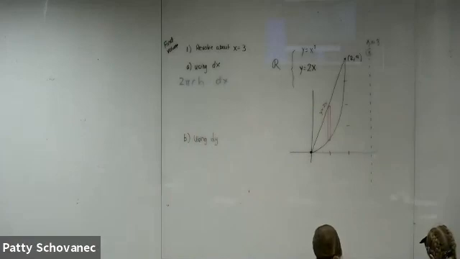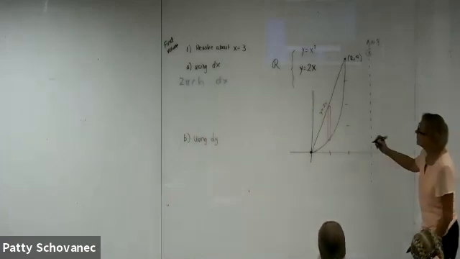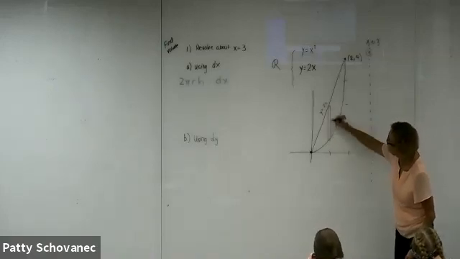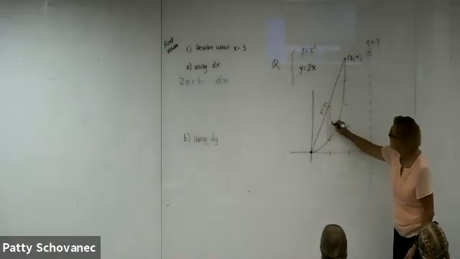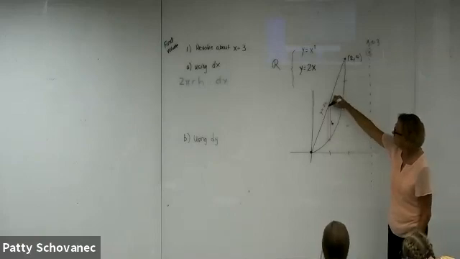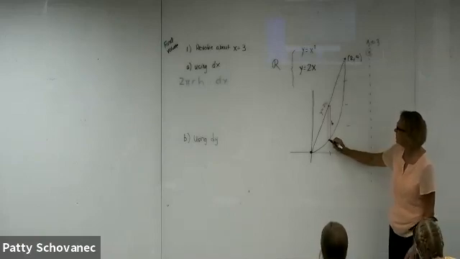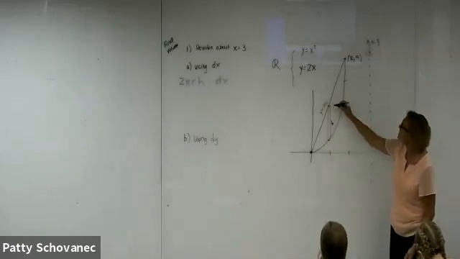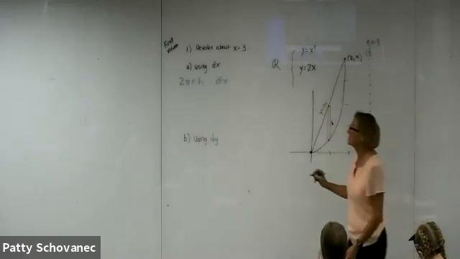Think you got it? We're just setting them up. We're not going to integrate. All right, what did you use for h? Top graph minus the bottom graph, so 2x minus x squared.